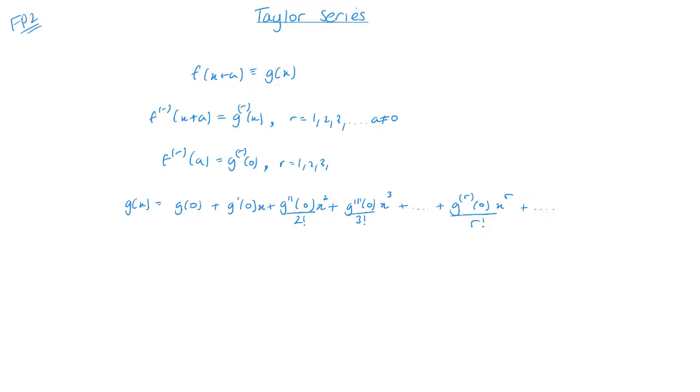Now this becomes, when I put f of x plus a, f of a plus f dash of a times x and so on. And these two are obviously the same as these two are the same. Now, I call this one A.